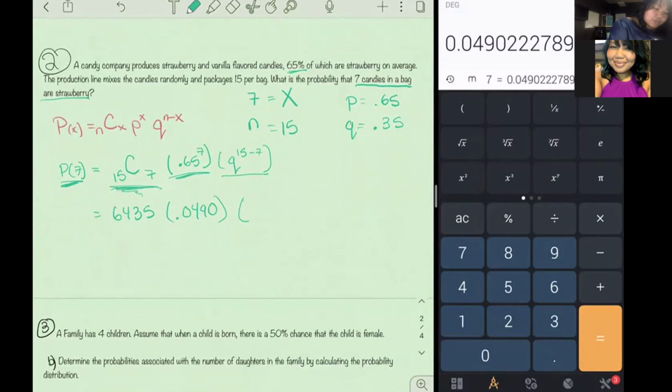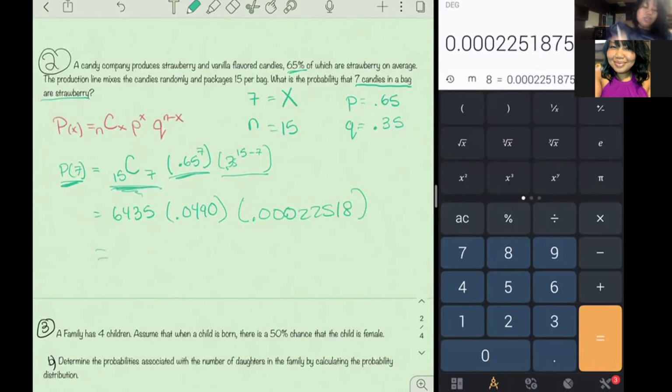I didn't fill in q. Q would be 0.35, right? So that would be 0.35 to the power of 8. So 0.35 to the power of 8 would be 0.00022251. I know I said stick to 4, but it would just be 0.0002, so that would be rough.